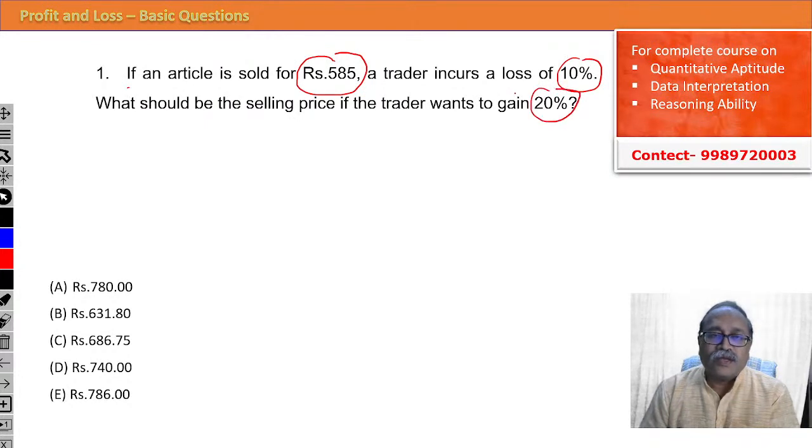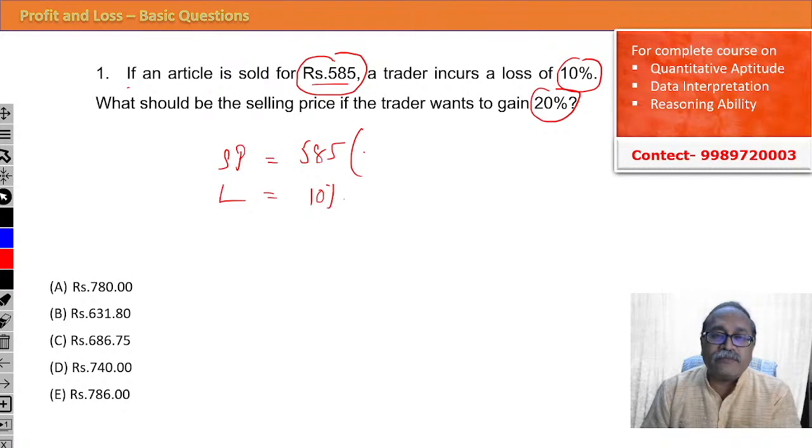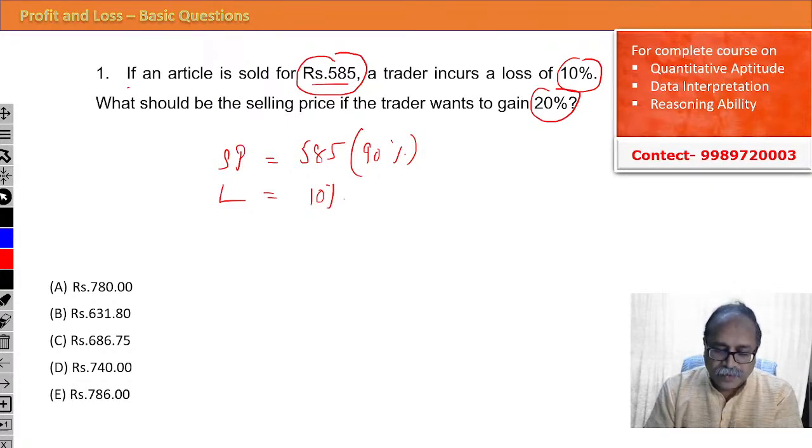If the selling price is equal to 585 and there is a loss of 10%, that means the selling price is 100 minus 10, which is 90% of the cost price. That's what the selling price is. Okay, fine. Then what we need to find out.